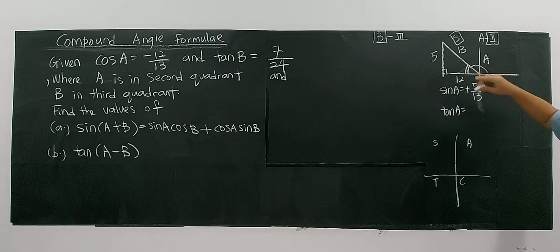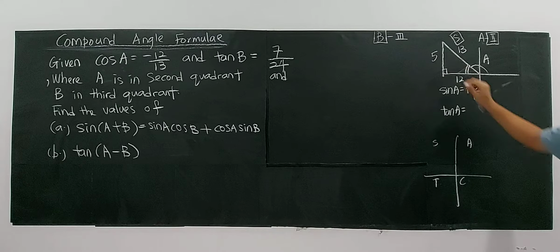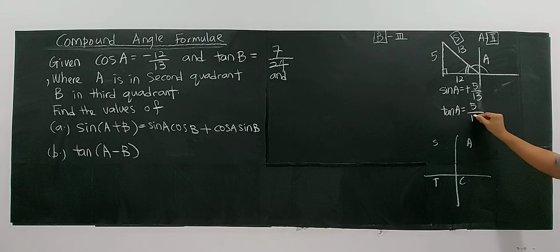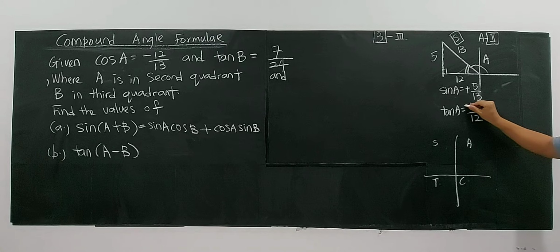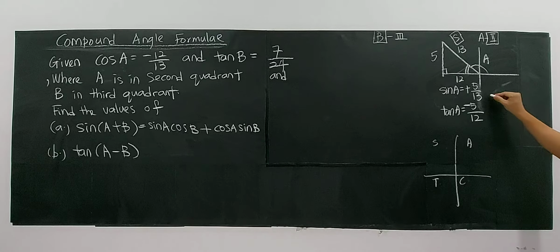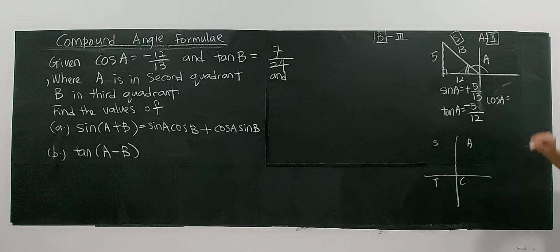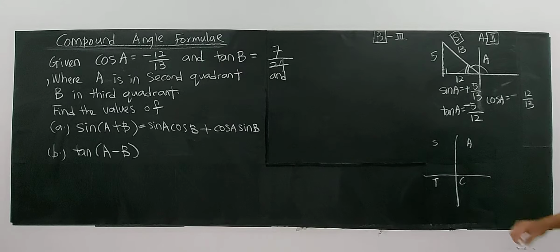This is a more proper way of drawing the diagram. Tangent will be opposite over adjacent, so you have negative here because tangent is negative in this quadrant. Only sine is positive. Cos A is already given, your cos A is negative 12/13. Only these two are negative and this will be positive, right?